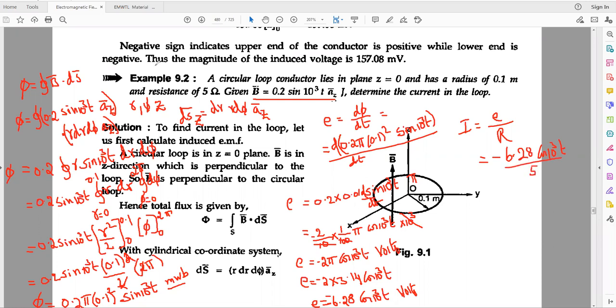What is the resistance given? The 5 ohms. Resistance is given as 5 ohms.